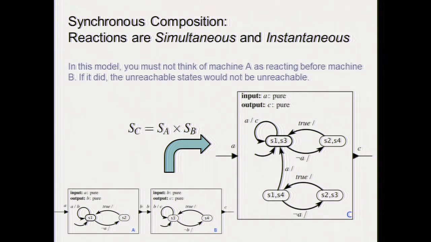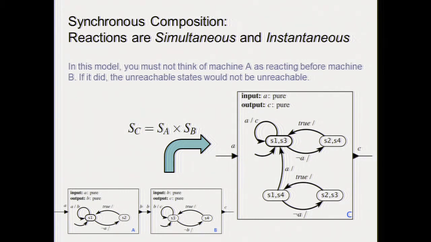So if A is present, I stay here, but A outputs B, so B is present, so it outputs C. Machine 1 is in S1, and machine 2 is in S3. So in S1, S3, if A is present, it always outputs C and stays there.